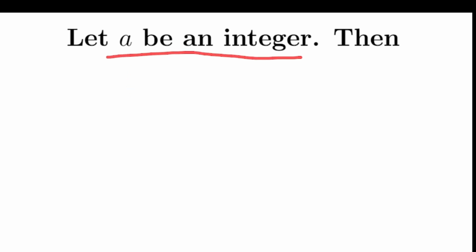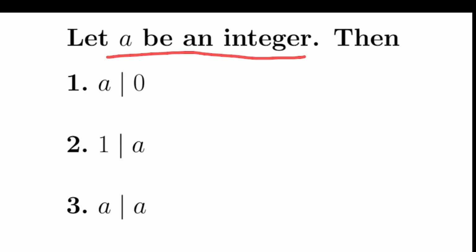Let a be an integer, then see, first result says that a divides 0, because we can write 0 as a into 0, and 0 is an integer, means we have an integer 0 for which 0 is equal to a into 0.